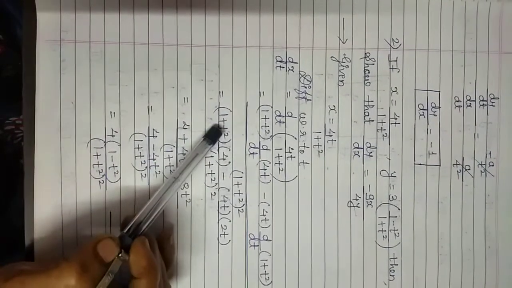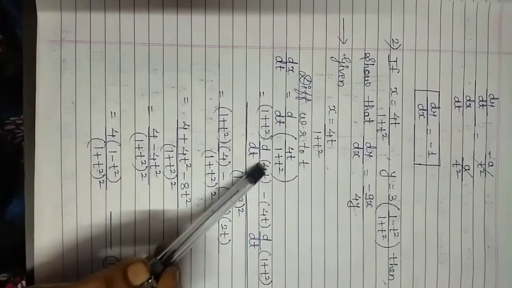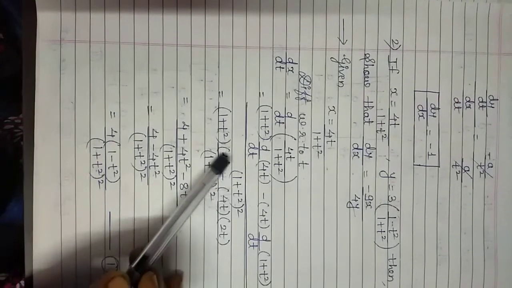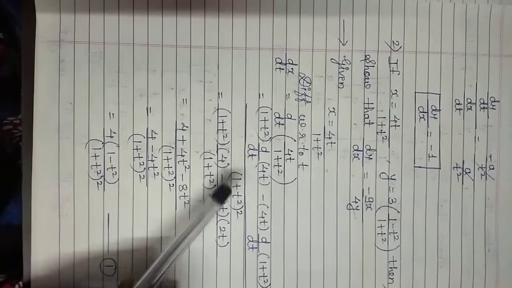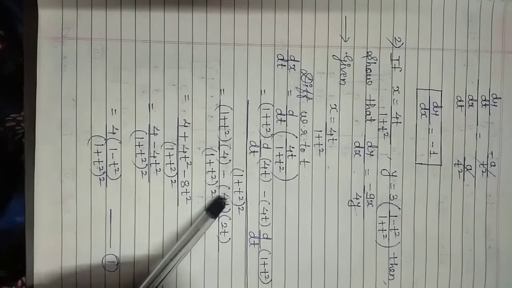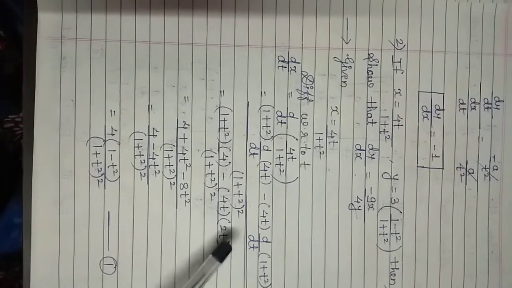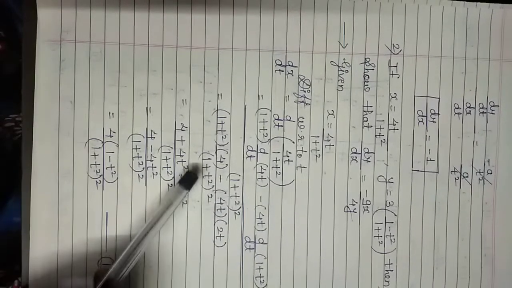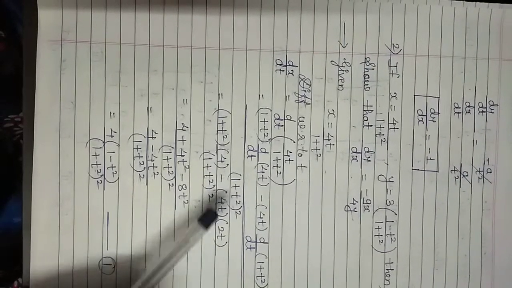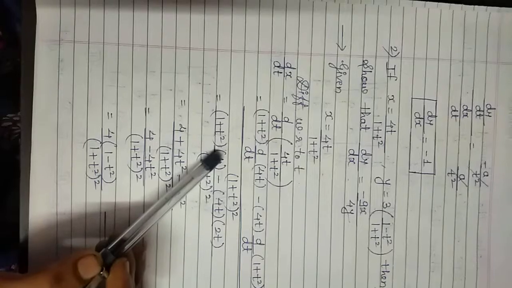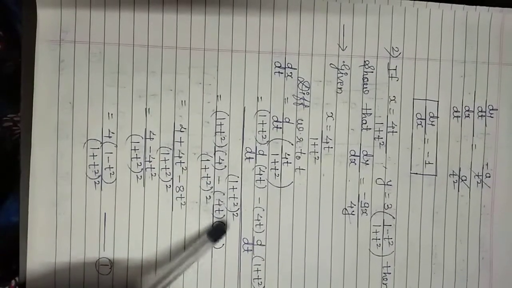This first term will be as it is. Derivative of 4t is only 4 because derivative of t is 1, minus 4t as it is. Derivative of 1 plus t square is 0 plus 2t, that is 2t, upon 1 plus t square the whole square.